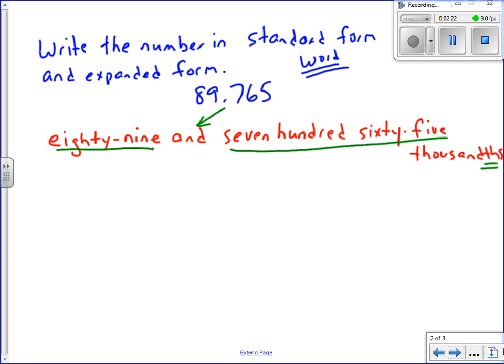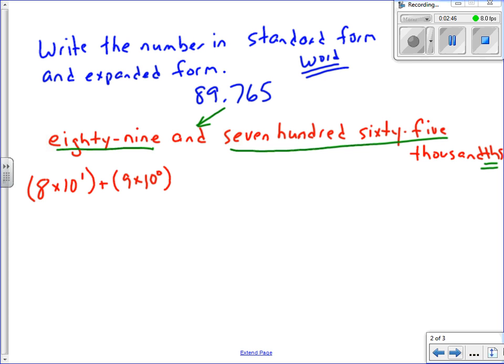Now, when we're doing it in an expanded form, we're doing it in powers of 10, and this is how we would do this. I have the 80, so I'm going to do 8 times 10 to the first power, which is 80, plus 9 times 10 to the 0 power, which is 1, and then I have 9 times 1, which is 9.